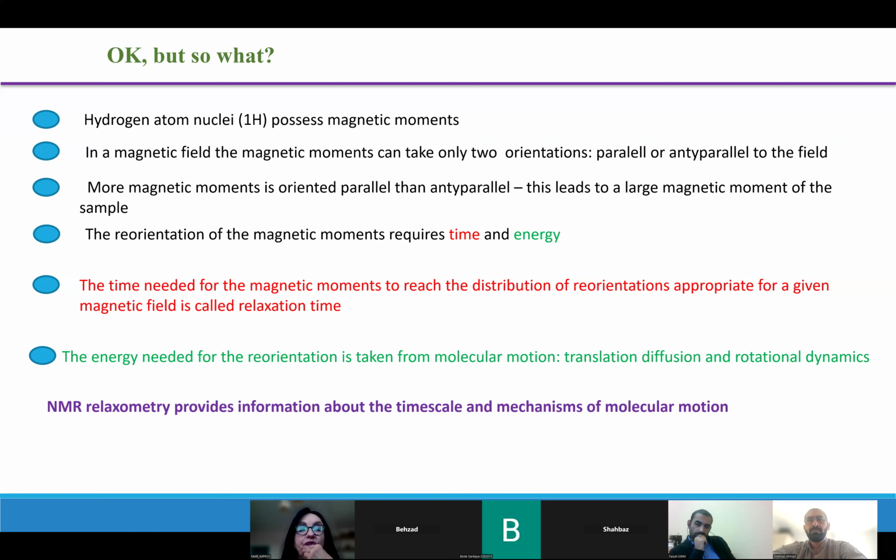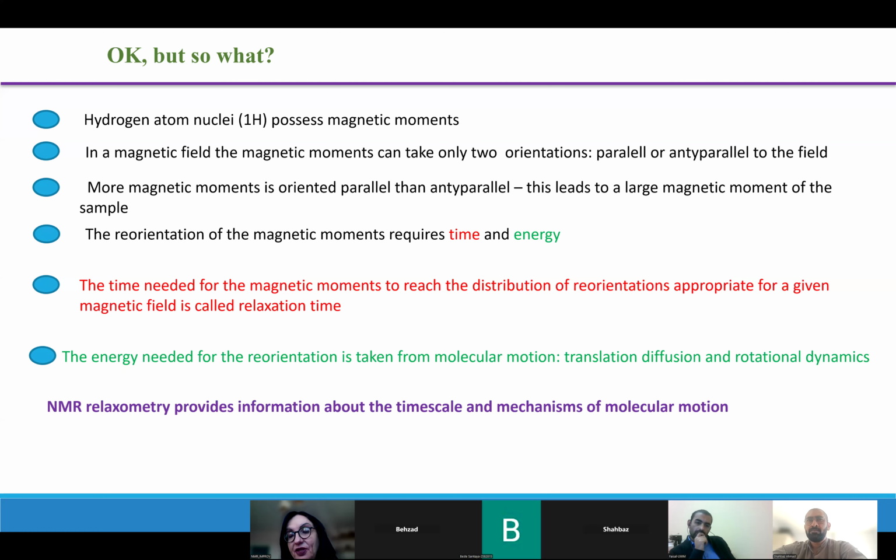Actually, time we already agreed. And we said that the time needed for the magnetic moments to reach the distribution of the orientations appropriate for a given magnetic field is called relaxation time. This we also said. But why energy? This is less clear.